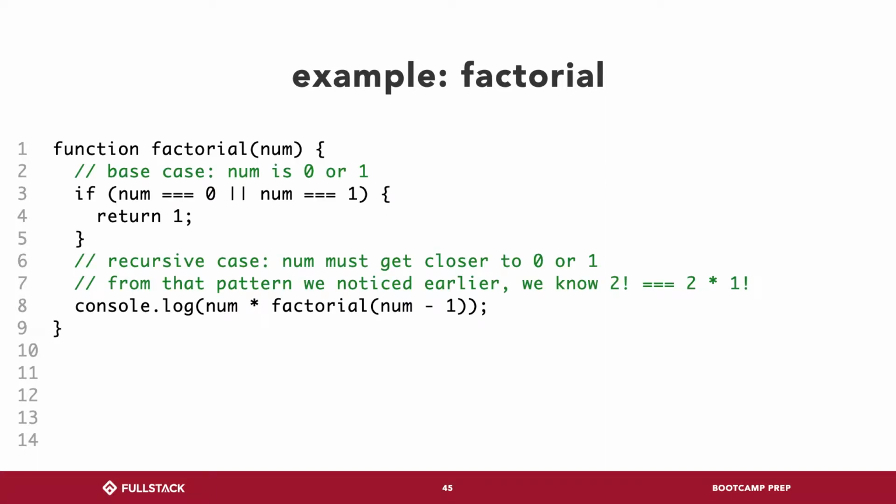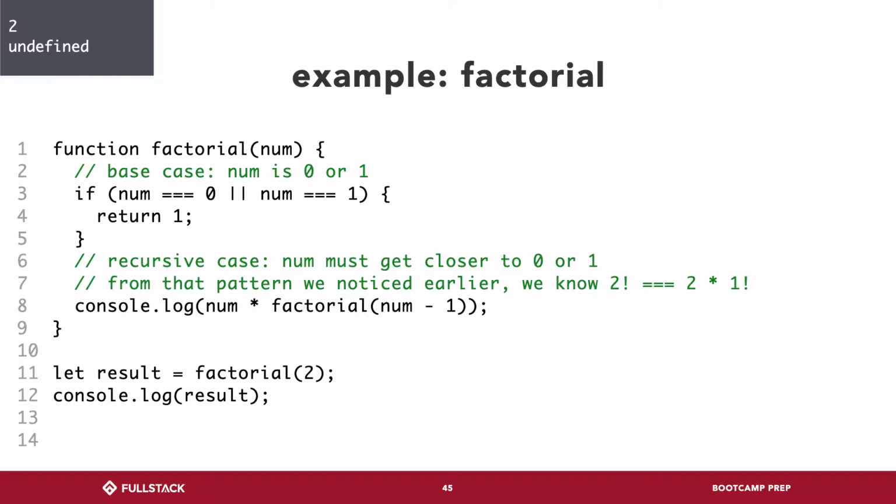So, from that pattern we noticed earlier, we know 2 factorial is 2 times 1, right? So, if we do console.log num times factorial of num minus 1, we get the correct factorial of 2, right?